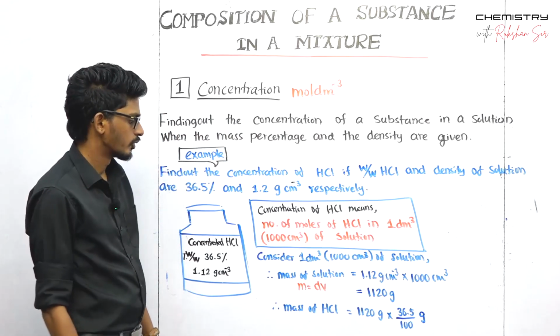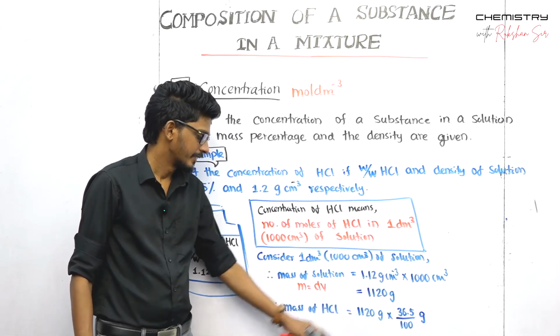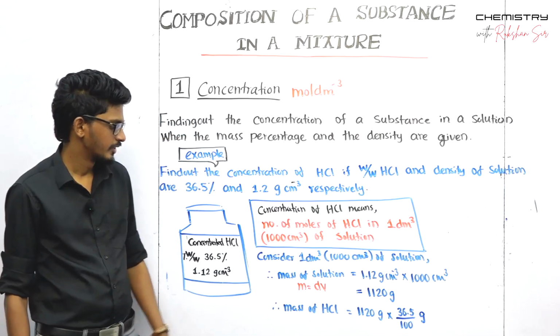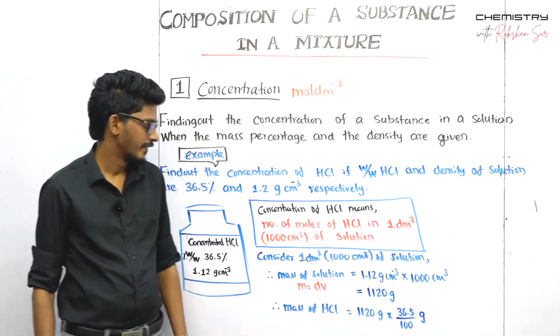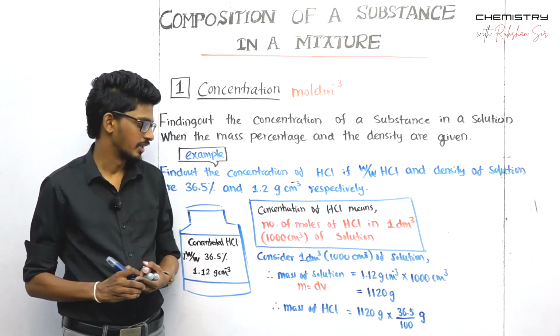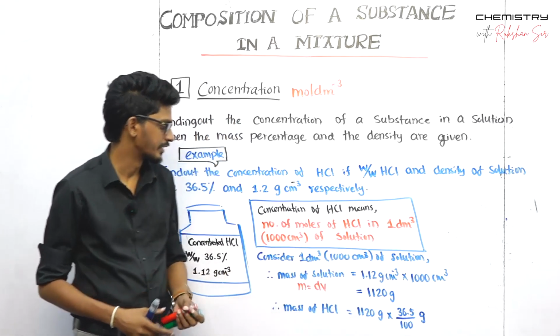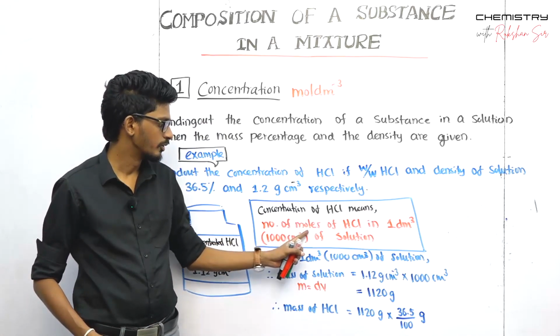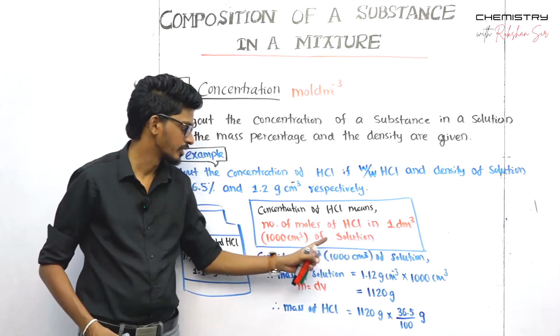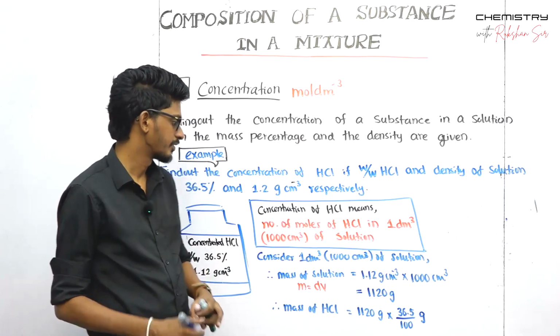Now we can convert this grams of HCl to moles of HCl. That will be the concentration of HCl, because concentration means the number of moles of HCl in 1 decimeter cube of solution. We considered 1 decimeter cube. Let's do it.